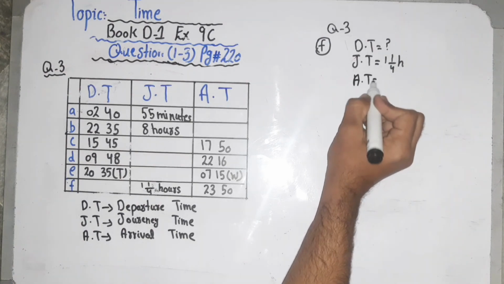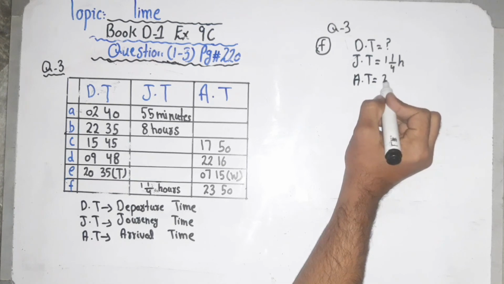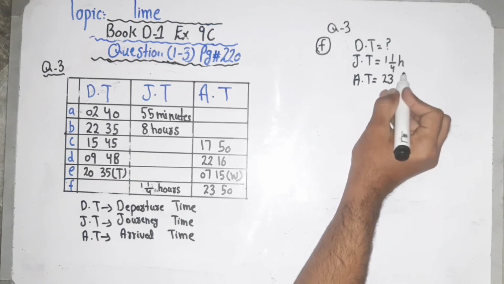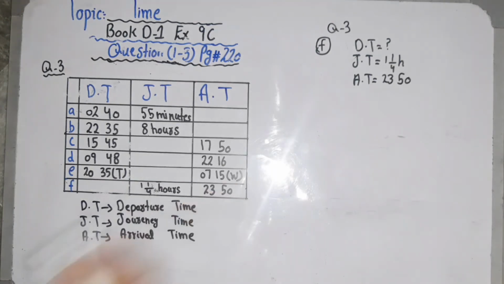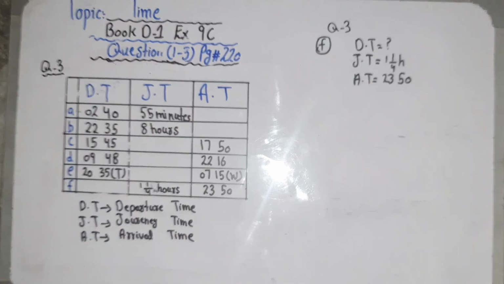So if we have to find departure time, then we have to subtract journey time from arrival time, just like in these parts we subtract departure time from arrival time.